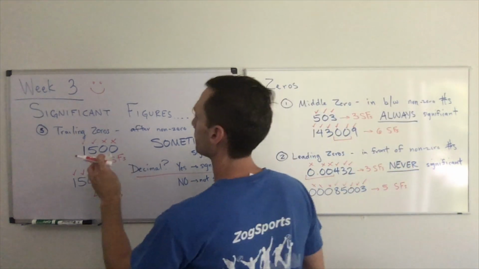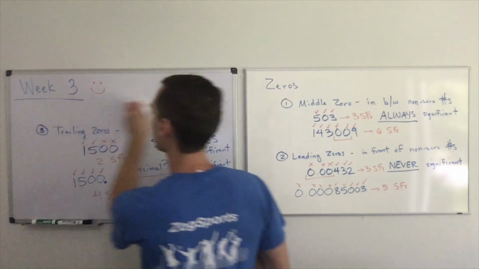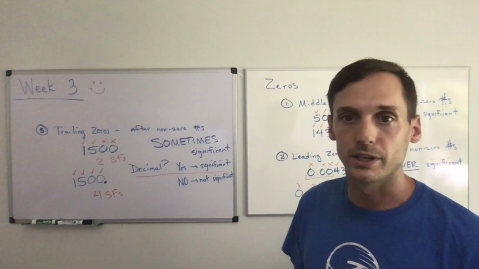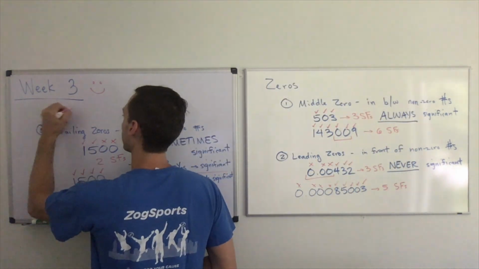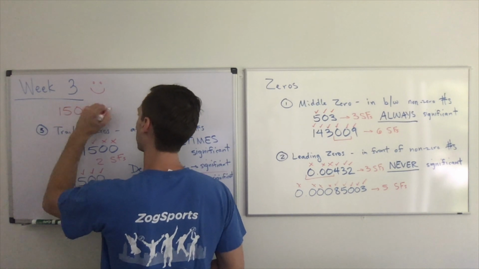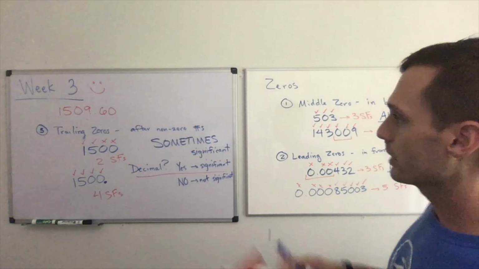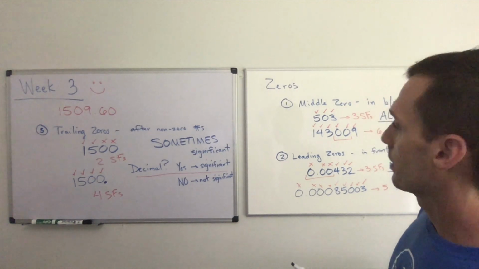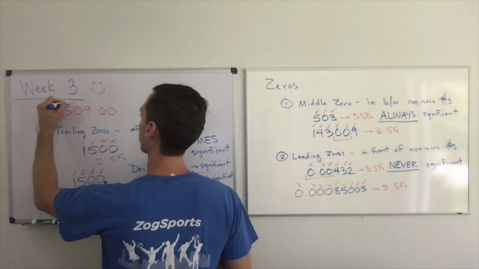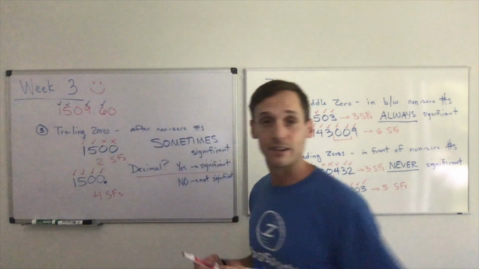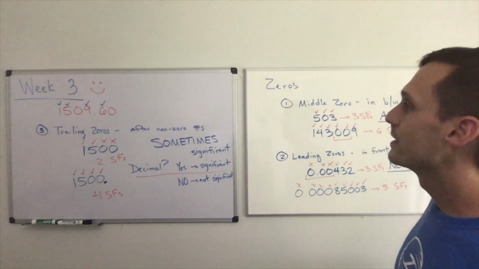So I will erase here, and we'll just do a couple examples at the top here. So let's try 1509.60, okay? So looking at those numbers and your rules, we have a 1, a 5, a 9, and a 6 that are really easy. We can say that they're significant right off the bat because they're not 0.